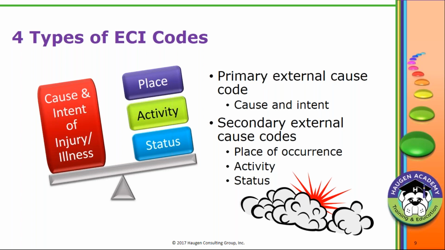The primary external cause code doesn't just tell you what happened, but the intent of that. Was it an accident? Was it self-harm, or was it inflicted harm from somebody else? Now, the secondary external cause codes are not as critical, I would say, because they're not telling us what happened, but they're telling us where it happened, the place of occurrence, what the patient was doing at the time.